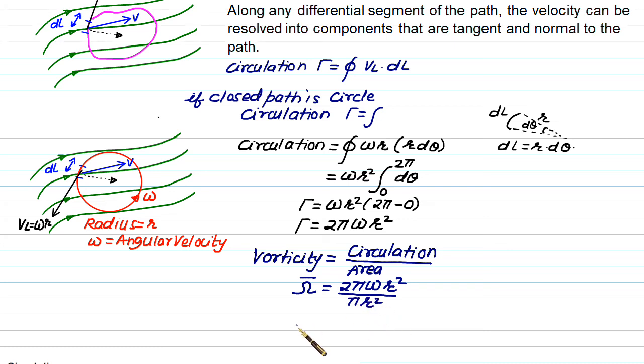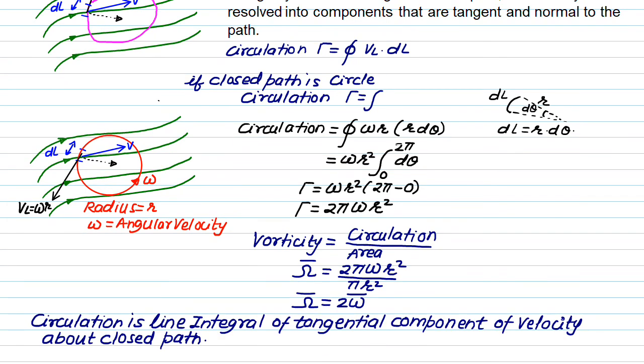So pi is cancelled, r square is cancelled, and we are left with 2 omega. This proves that vorticity is equal to 2 times the omega vector.